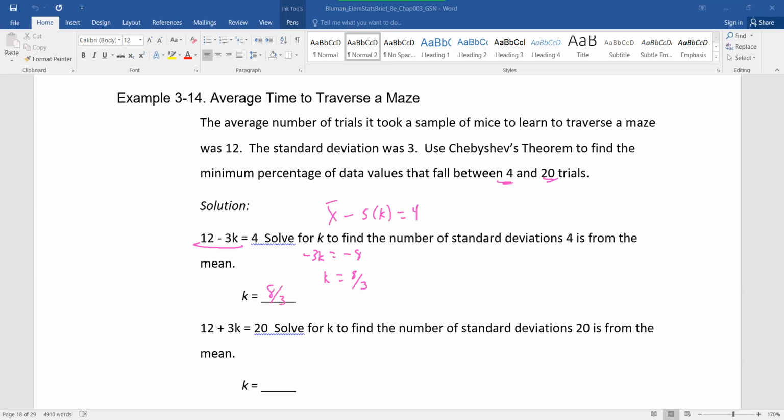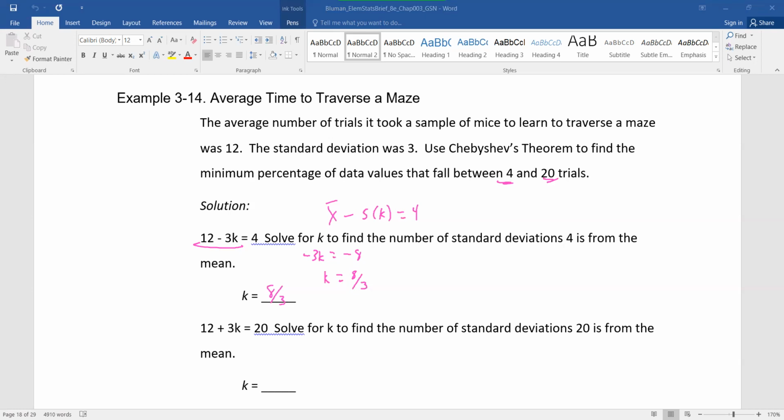So there's your K. That means that 4 is about 2.67 standard deviations away from the mean. In my eyes, that's going to be about 98% of your data or something like that.